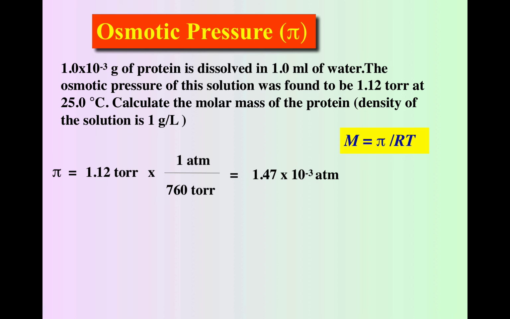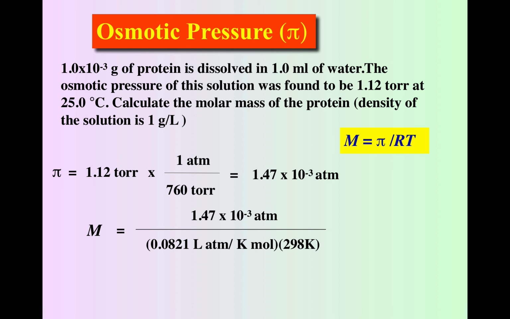So first things first, right? Get your units the same, right? They gave me the osmotic pressure in torr, 760 torr for every atmosphere. So I have to have it in atmospheres if I'm going to use R. R is 0.0821 liter atmosphere per mole K. Got to have my temperature in Kelvin, so add 273 to 25 degrees Celsius.